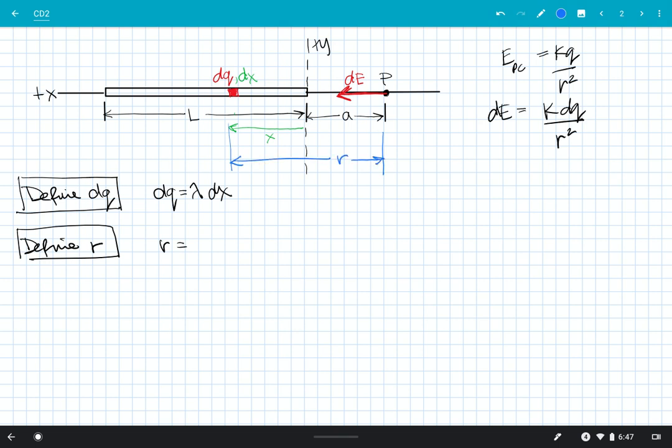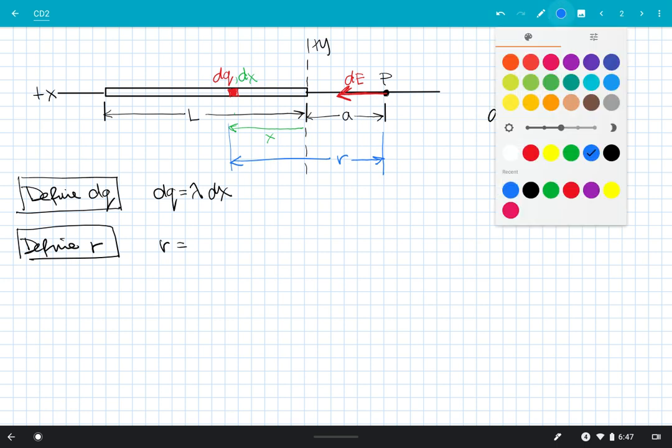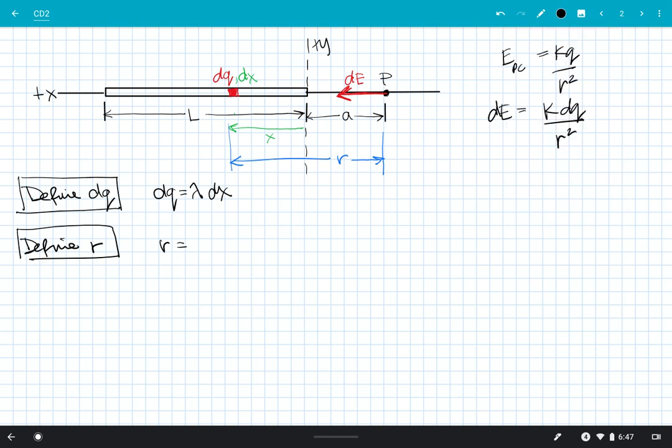So x locates the differential element with respect to the coordinate system, and r locates the differential element with respect to the point of interest. And you need to link them as you write one in terms of the other. So when we define r, we define it in terms of x. If you label stuff in your diagram, it really helps you see. If you look at my diagram right now, it's really obvious what r is equal to for this problem, and it's going to be equal to x plus a.